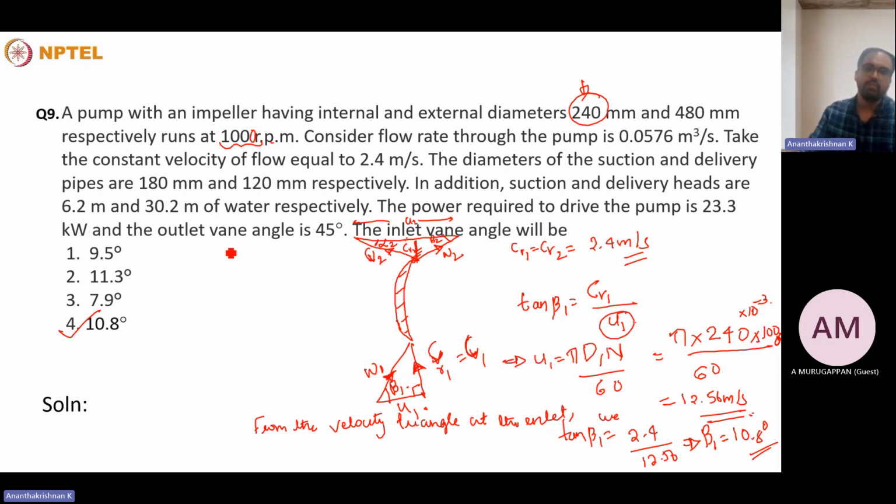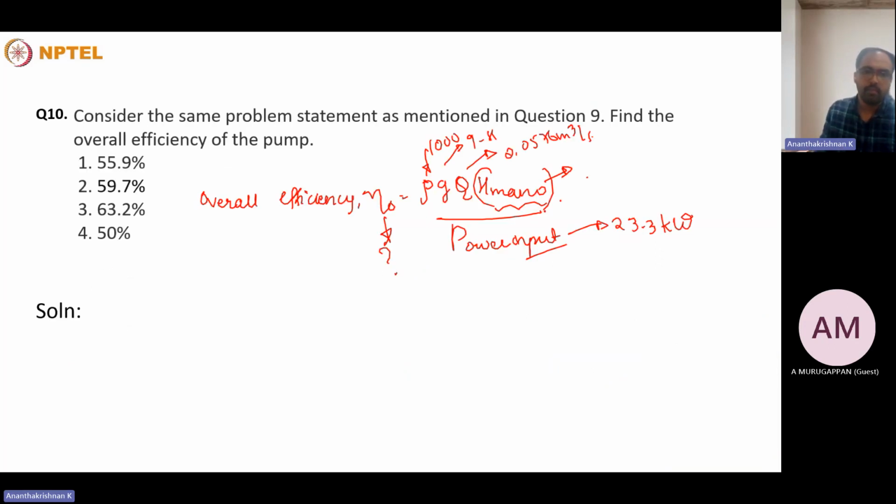So in this particular problem, if you calculate the manometric head based on the pump impeller inlet and the exit, this is the inlet point of the pump, and this is the exit point of the pump.